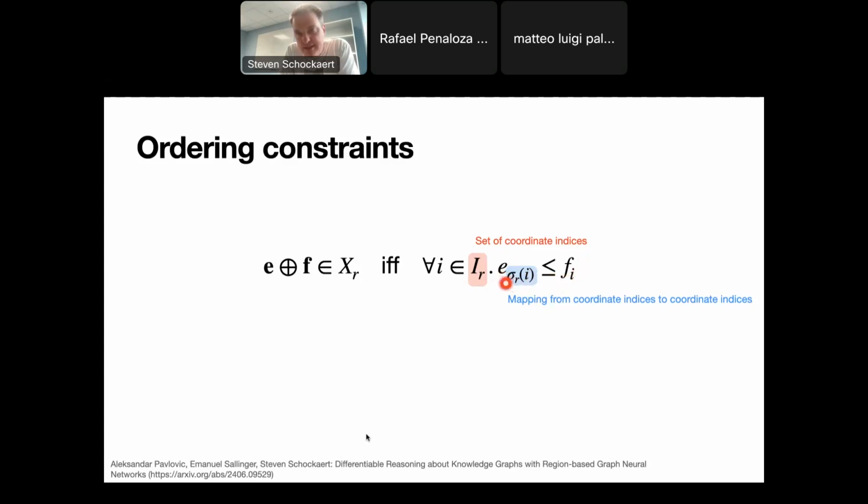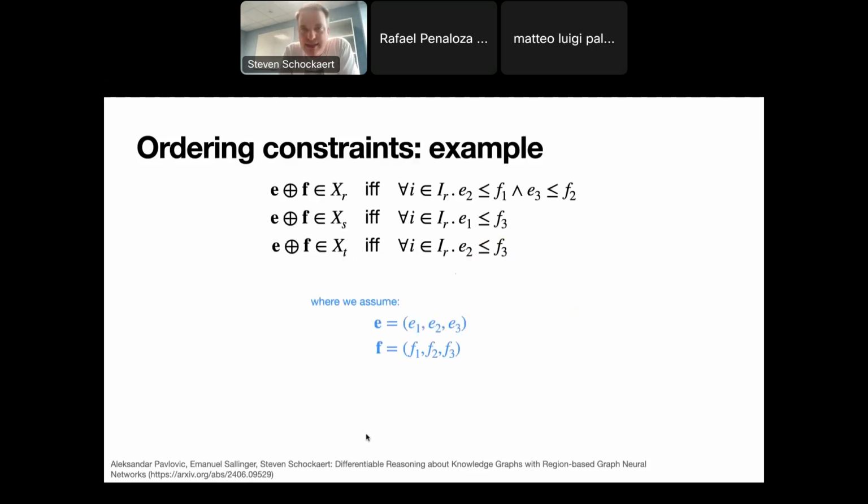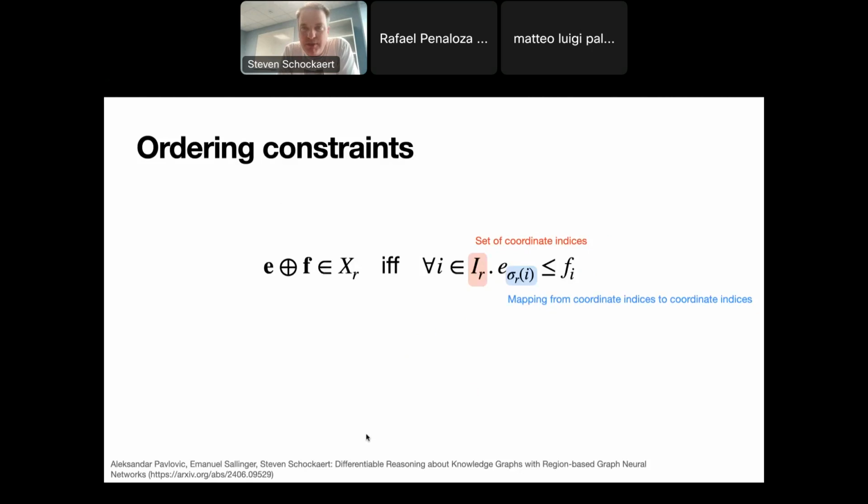So we have this mapping sigma here that decides which coordinate of E should be below which coordinate of F. So it's really a very, very simple model. It's just a bunch of inequalities.